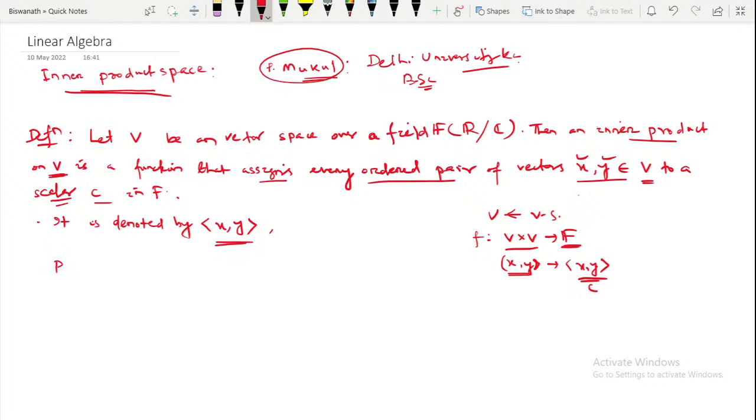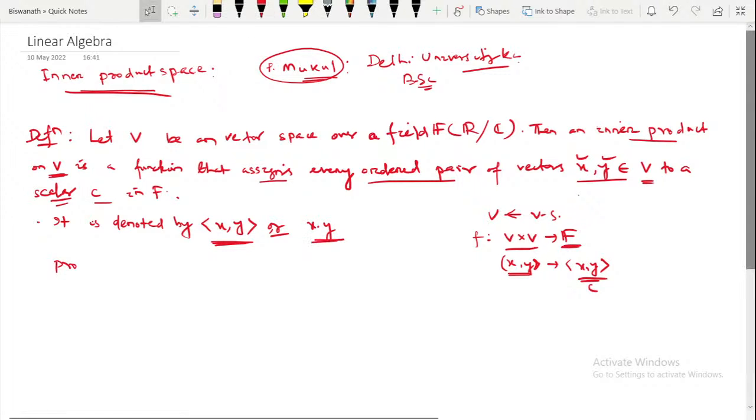Now comes to its properties. Also, in some books, we see the notation like this: in bracket x comma y, or otherwise you can write x dot y, like your dot product. So this is also a notation of the inner product. Now comes to its properties.